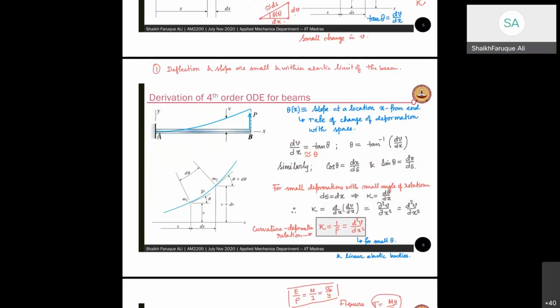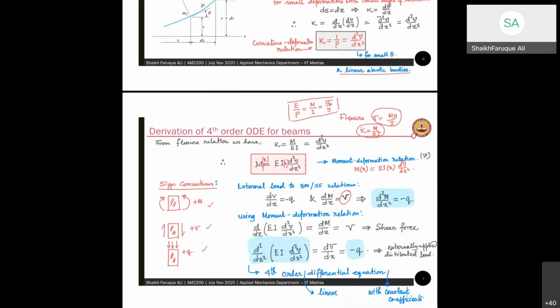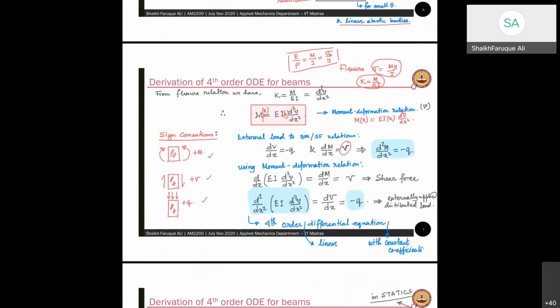So the curvature deformation relation within the linear zone is written here: kappa is given by d square v by dx square. So take the second derivative of the transverse deformation with respect to the x-axis. Now that's one relationship we have found. We have to find another relationship, how it relates with moment.